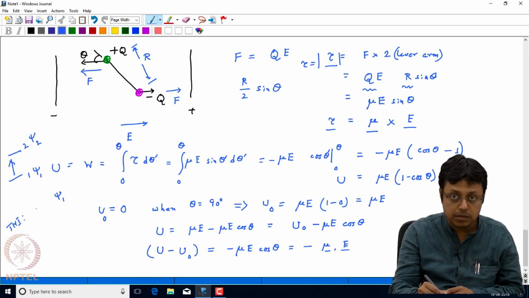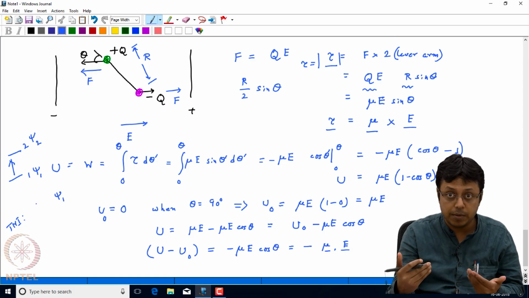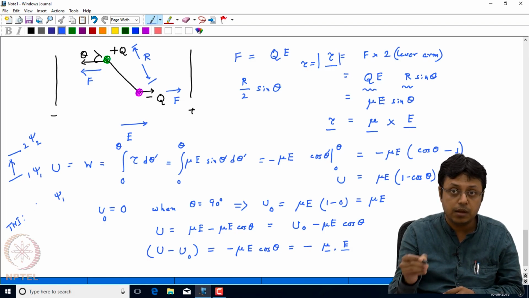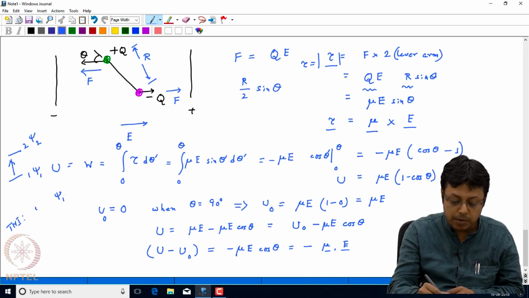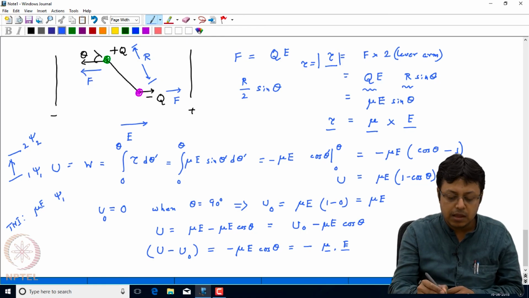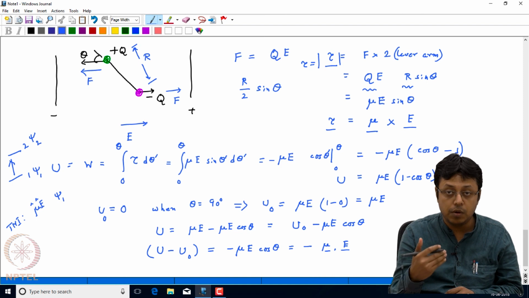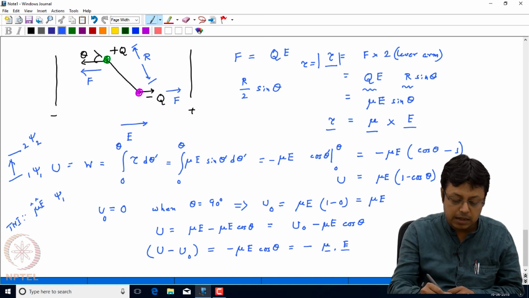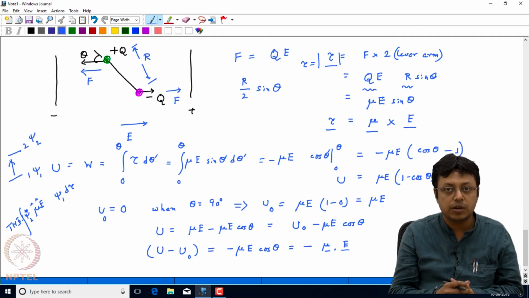Then I have an operator, the transition moment operator, which couples psi 1 with psi 2, and that operator we write as minus mu e. The minus sign we can drop for the time being because we always take the magnitude. So, here we write the mu operator and e operator, and then psi 2 star, and then we integrate over the entire volume. So, this is the transition moment integral.